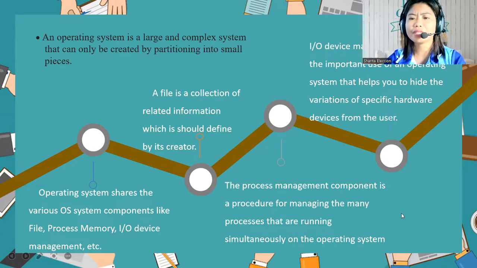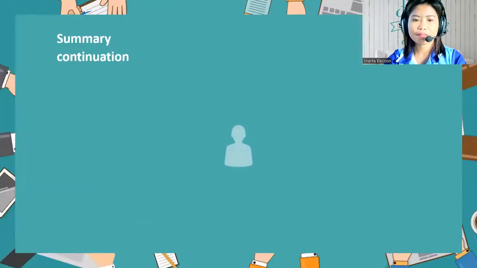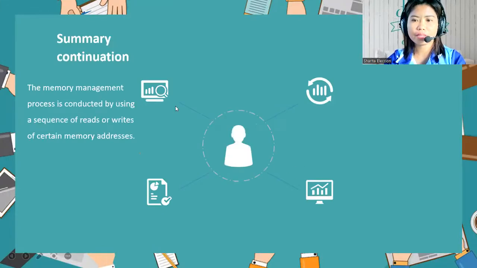Then input output device management is one of the important uses of an operating system that helps you hide the variations of specific hardware devices from the user. Next, let's continue with the summary.